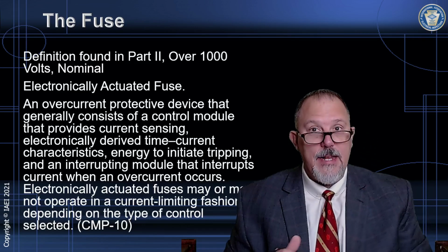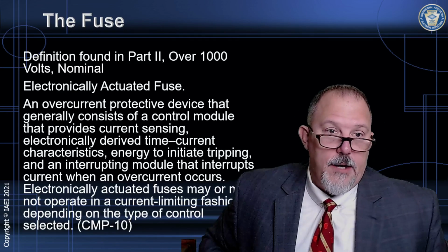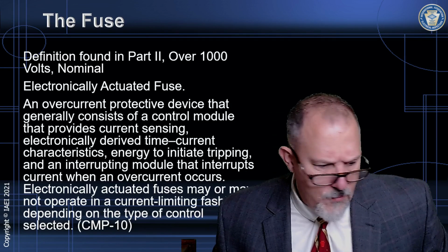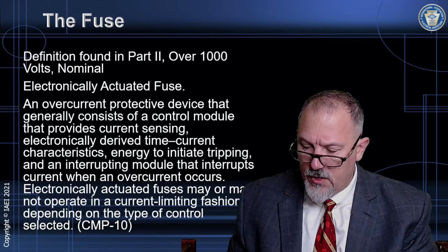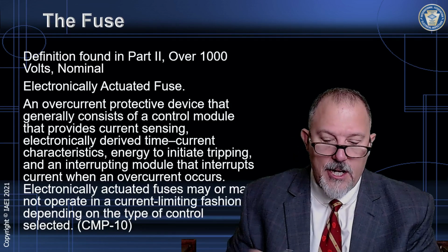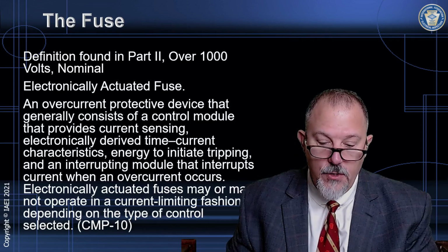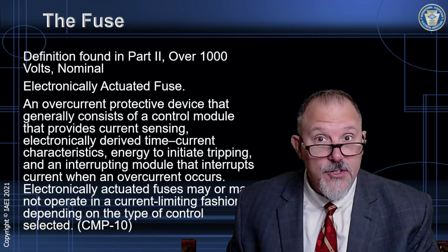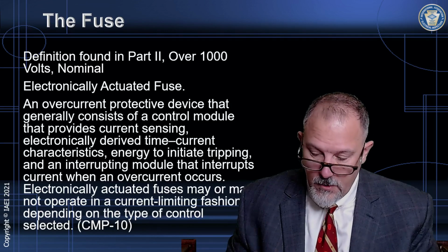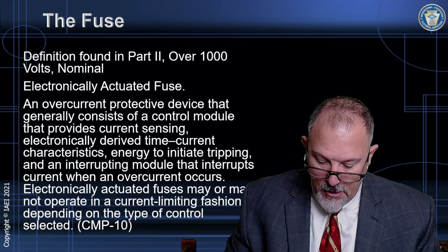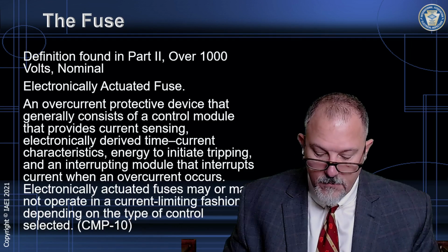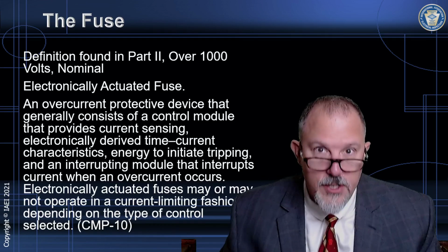the electronically actuated fuse. Now, you'll say, Tom, when would I have the need for an electronically actuated fuse, and what is an electronically actuated fuse? Well, I'm glad you asked that question. 240.67 talks about the methods to reduce incident energy.